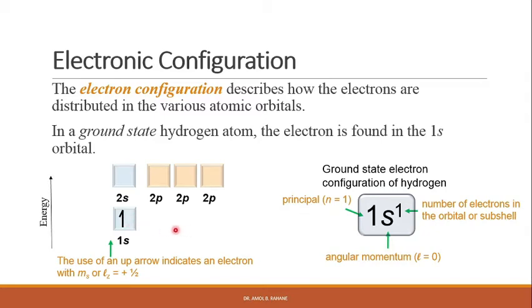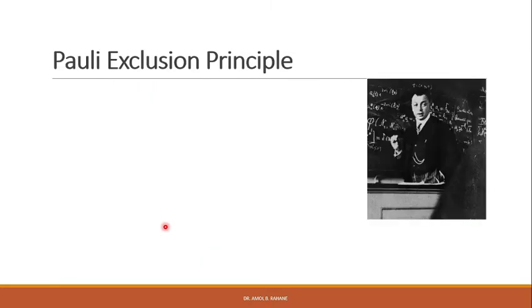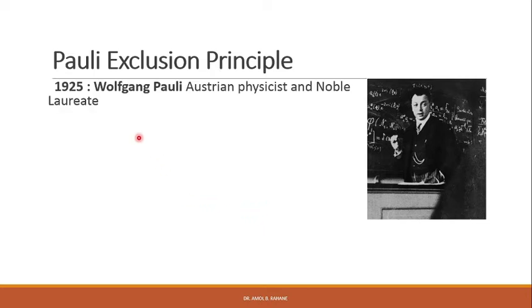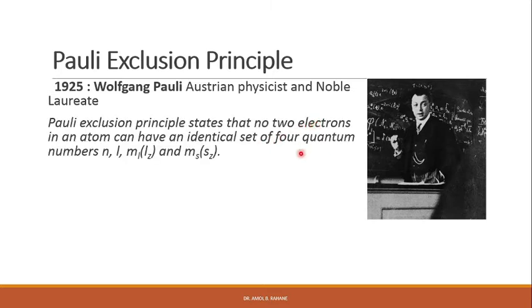Here we have one electron placed in the 1s orbital in the hydrogen atom. The question arises when the second electron comes into the picture: where will it go? That explanation was given by the Pauli exclusion principle. In 1925, Wolfgang Pauli, an Austrian physicist and Nobel laureate, proposed the exclusion principle.